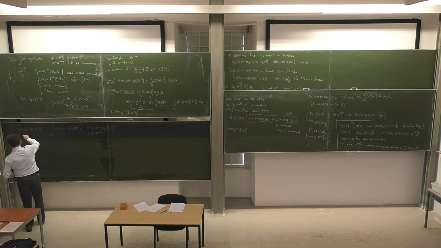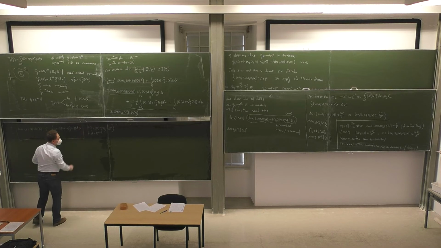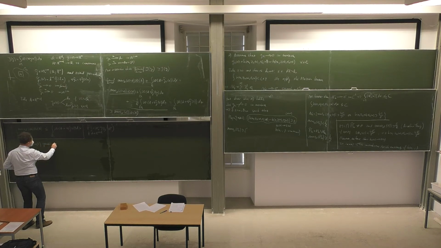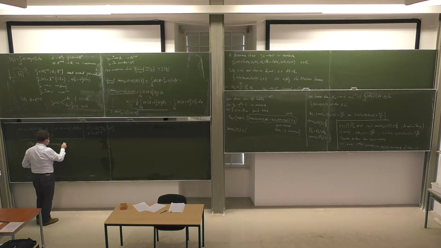So this is the condition, which is a famous condition. It's called Meyers quasi-convexity, and it comes from 1952.